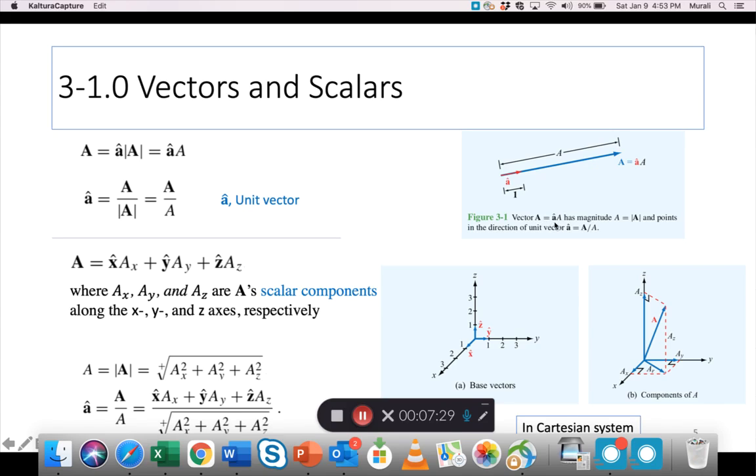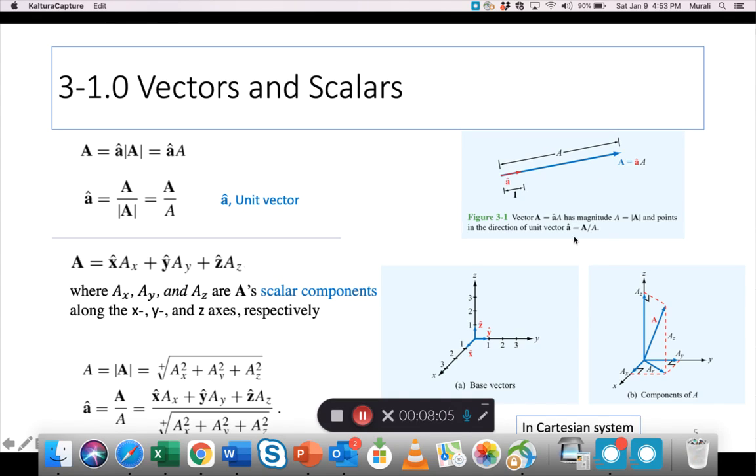So small a is written with a hat on top, and a general vector has this bold font. It's darker than the other, and when you see just a light font, no bold and no hat on it, that is a scalar quantity, and that generally means the magnitude. Okay, so in general, vector A also has a direction as shown here, and the unit vector also has a direction. So this is not new, but here's how it's shown.